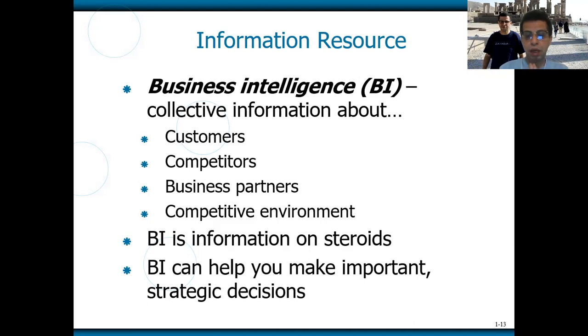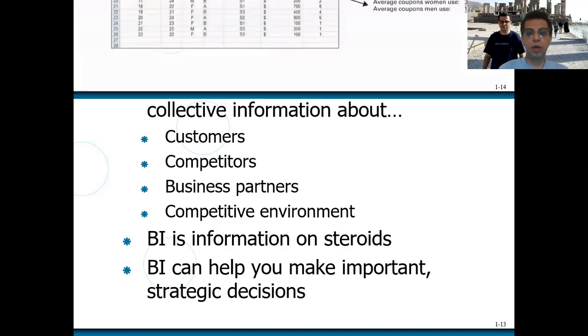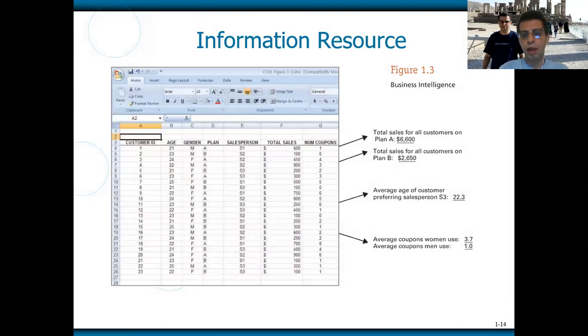Business intelligence can help you make important and strategic decisions, and this is where BI works really well. For example, BI tells you the total sales for all customers on plan A amount to 6,000, and the total sales for all customers on plan B that much.